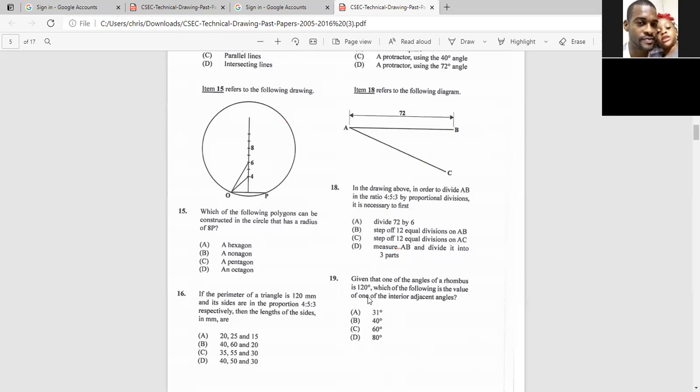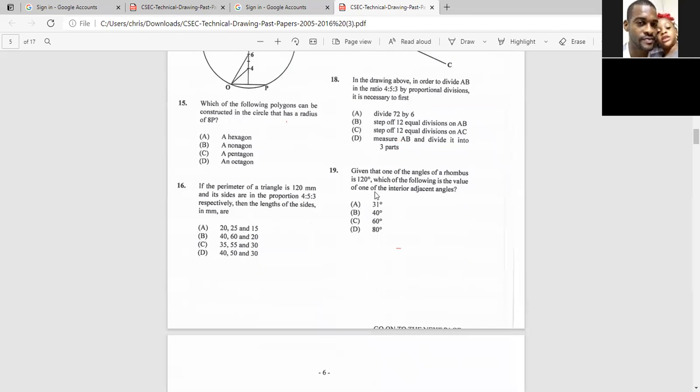Let's move on to number 19. Given that one of the angles of a rhombus is 120, which of the following is the value for one of the interior adjacent angles? First thing we need to establish here is the shape of a rhombus. A rhombus is basically a kite.